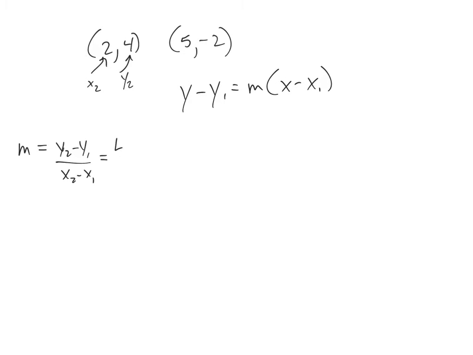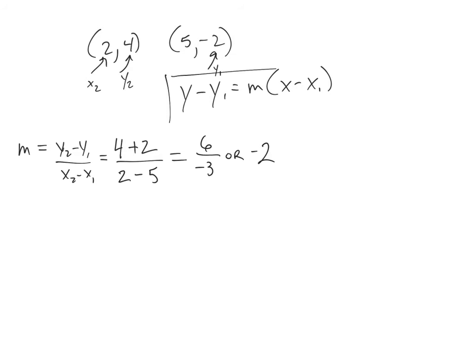So I'm going to go 4, and then my y1 will be -2, so 4 minus a -2 is +2, and that's going to be over 2 minus 5. So that gives me 6 over -3, or -2 over 1, -2. So back to my original equation.